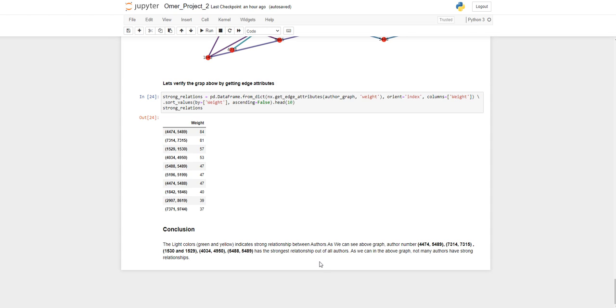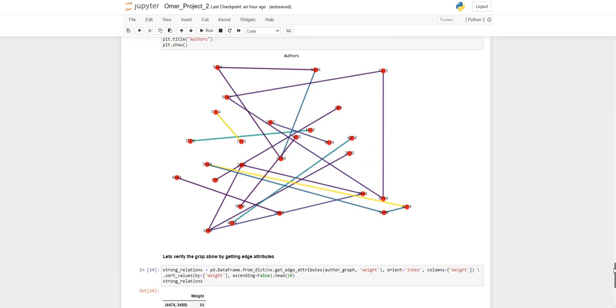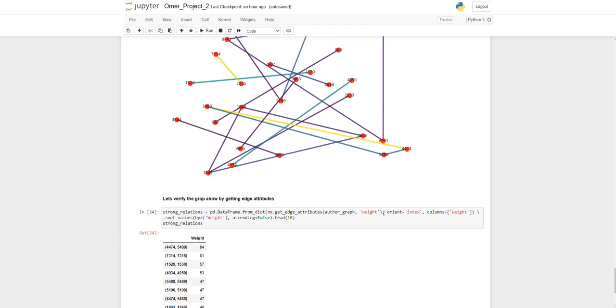As we can see in the graph, not many authors have a strong relationship, but by looking at this graph we can get an idea. I can split the data using threshold 33, rather than deciding by looking at the weight distribution, which gives me a really good idea to understand the relationship between authors. Thank you.